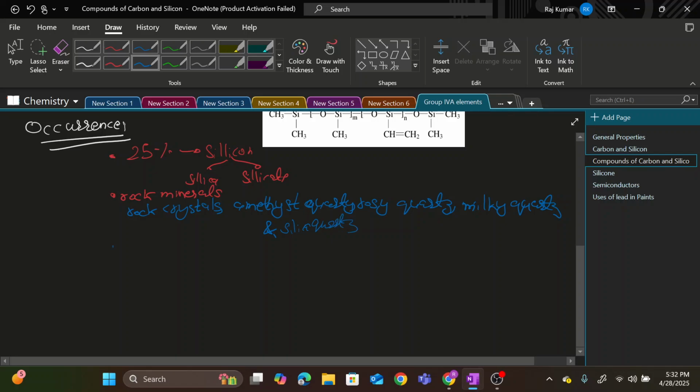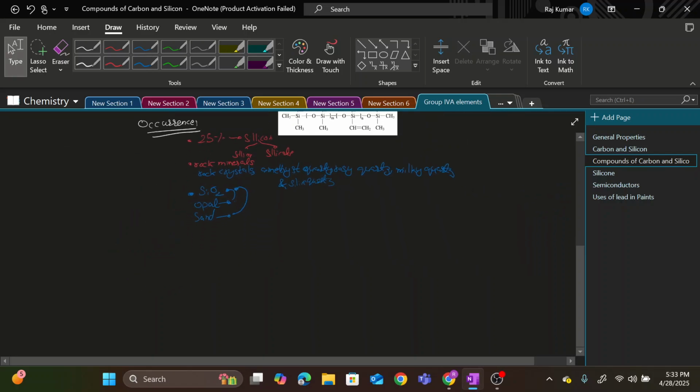Also, these are found in the form of pure sand, which is silicon dioxide, and opal, which is a hydrated variety of this silicon dioxide, as well as sand, which is also a variety of this.